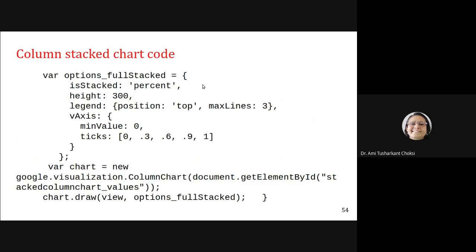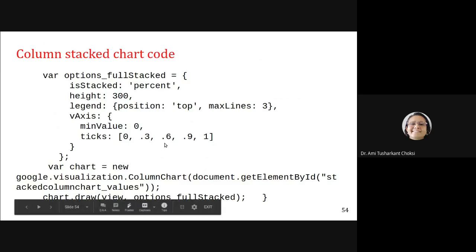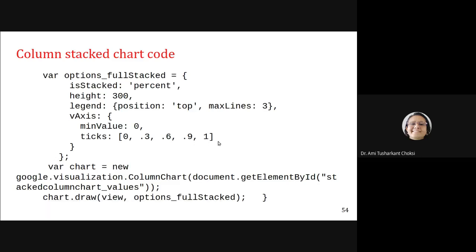For that we can say 0, then 0.3, 0.6, 0.9, 1. So at the vertical axis we'll be able to see this particular text in the axis. Okay, we'll see the view so you can have the idea.